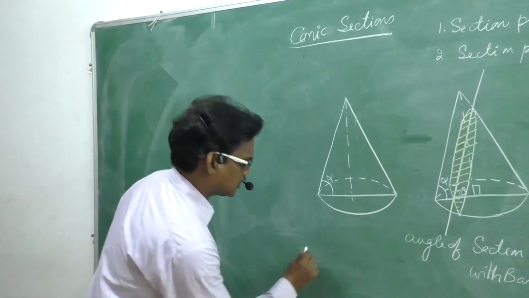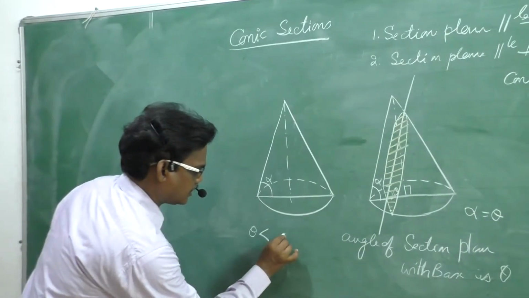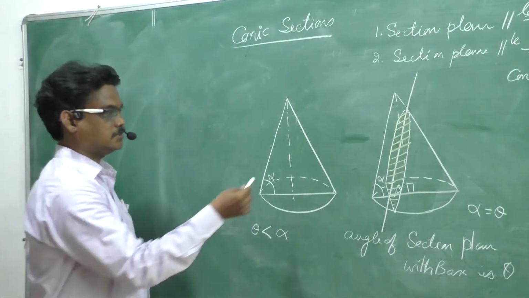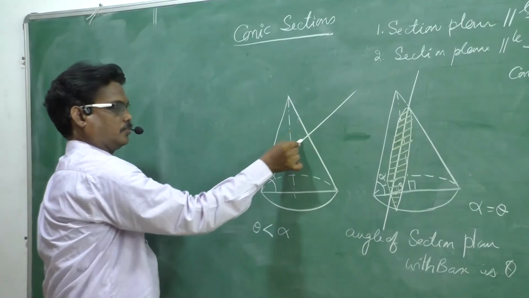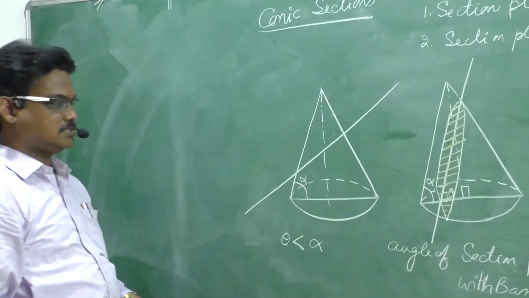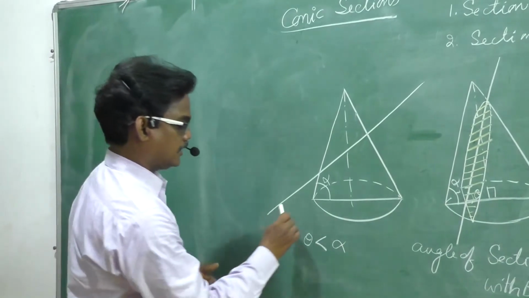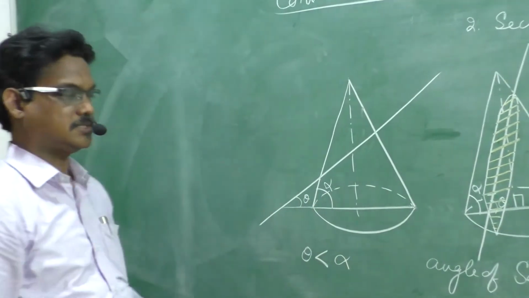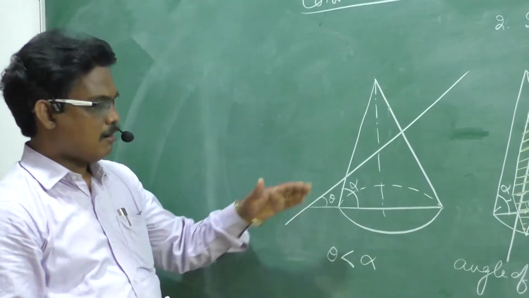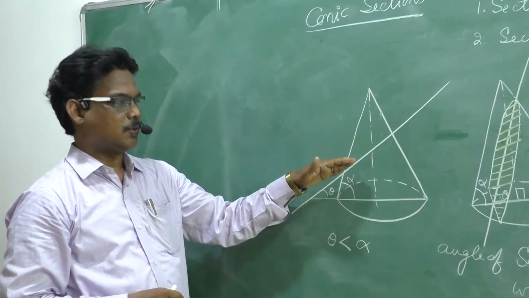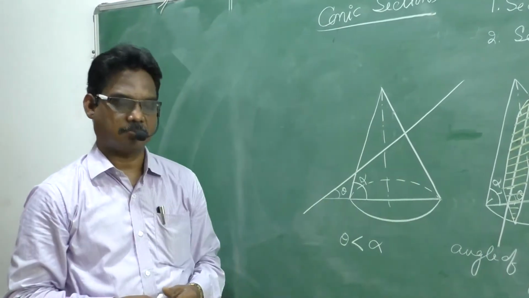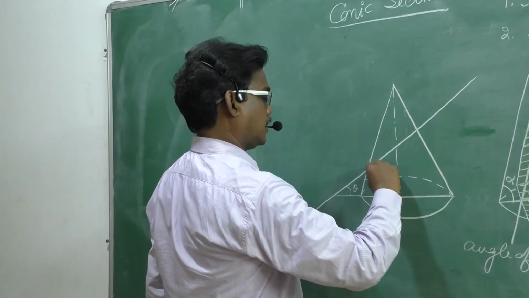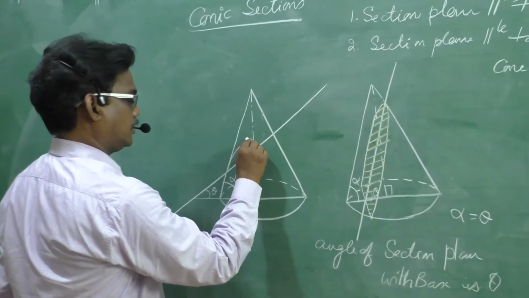That means theta is less than alpha, where theta is the angle made by the section plane. Alpha is more and theta is less. And I consider all the generators of the cone need to be cut by the section plane. Now what will be the shape obtained? The shape obtained will be like this.